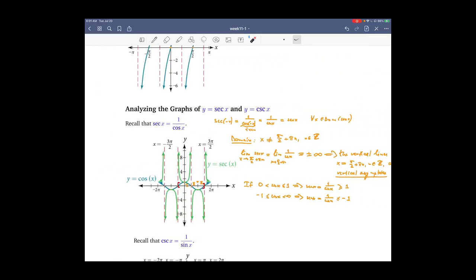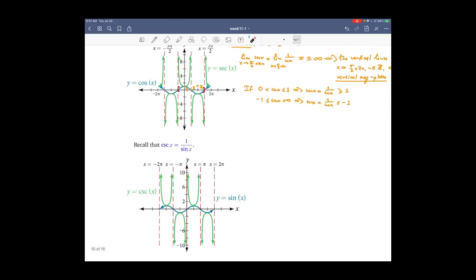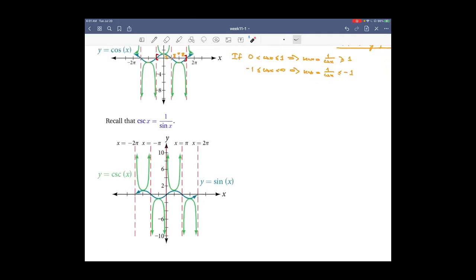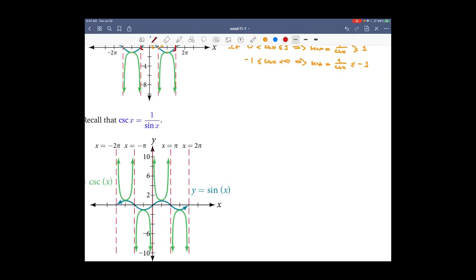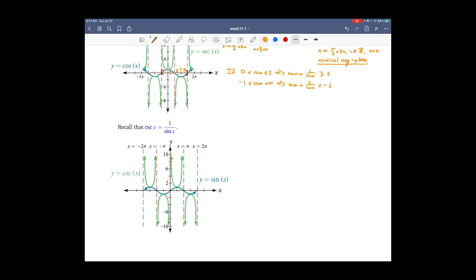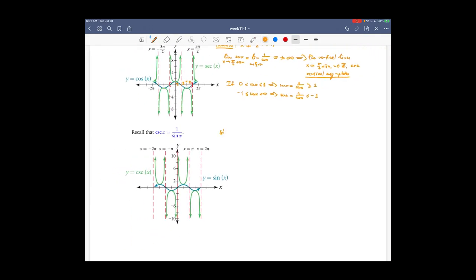The analysis for cosecant is very similar. We just recall that cosecant is 1 over sine x. And recall that zeros of sine x are precisely the points of the form pi times an integer.